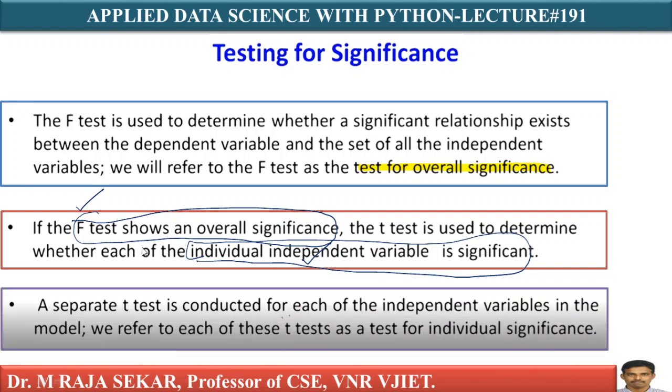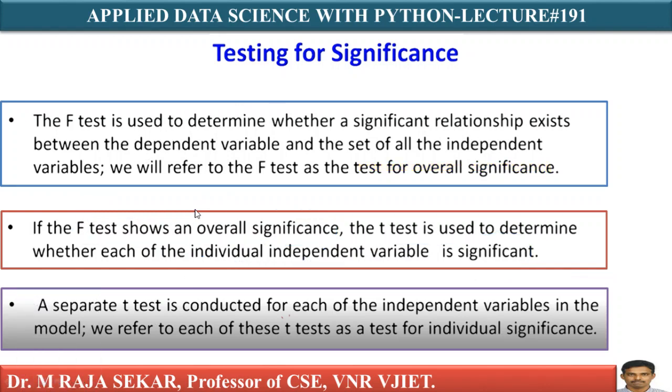A separate T test is conducted for each of the independent variables in the model. We refer to each of these T tests as the test for individual significance.